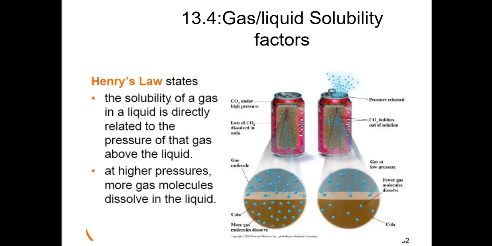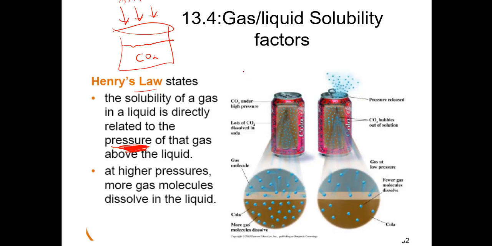Now, Henry's law talks about gas solubility, only instead of looking at temperature, we're looking at an external pressure. Let's give you a generic example. Here's a liquid in an open beaker. There's my carbon dioxide. And then outside we have atmospheric pressure pushing down.